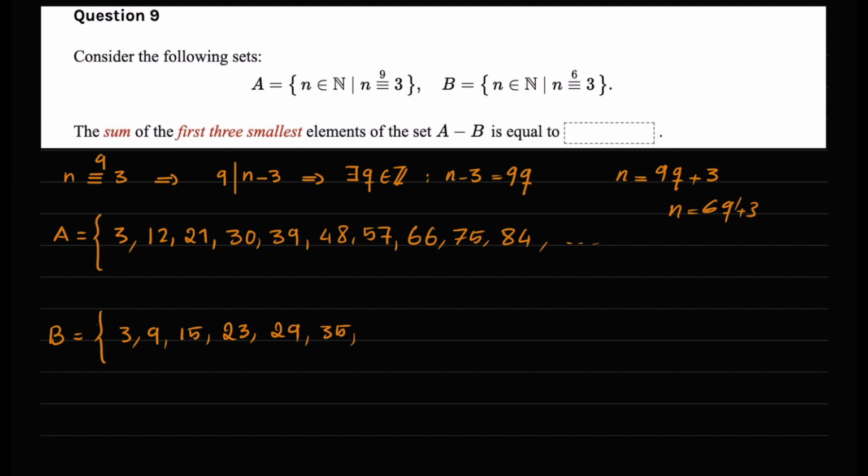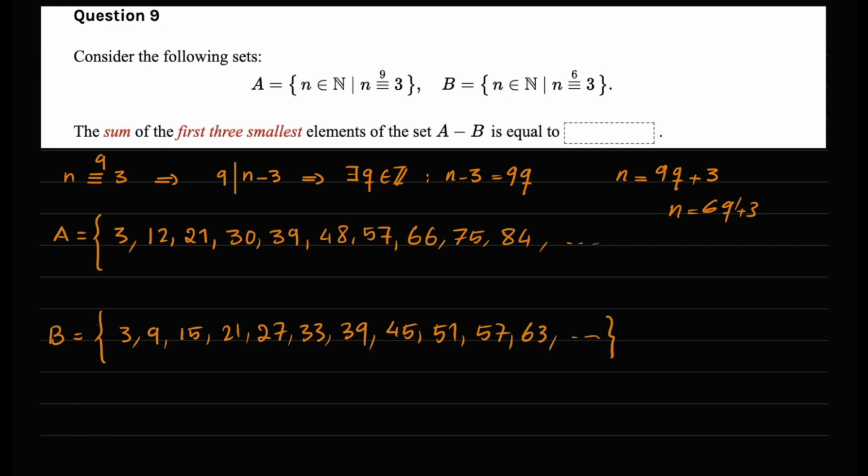The first one is 3, 9. No, sorry, I made a mistake. It's 21, 27, 33, 39, 45, 51, 57, and it continues. If I go 6 more, it is 63, and so on.